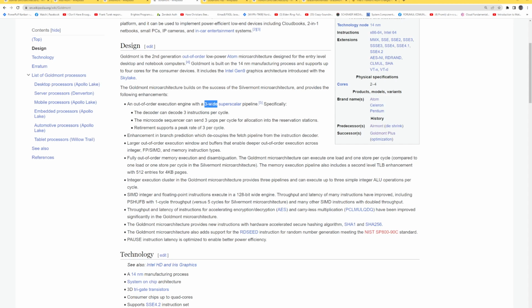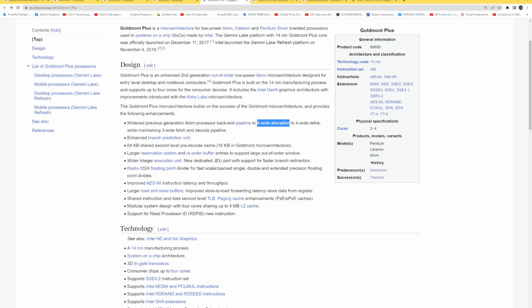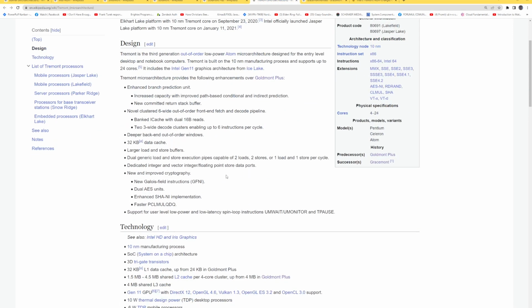Just to say, up to means kind of 20% likely computationally. Similarly, Goldmont Plus goes to 4-wide, so it will increase by another 10-15%. And Tremont will also make it 6-wide. So it's faster and faster and faster, just to be very clear.